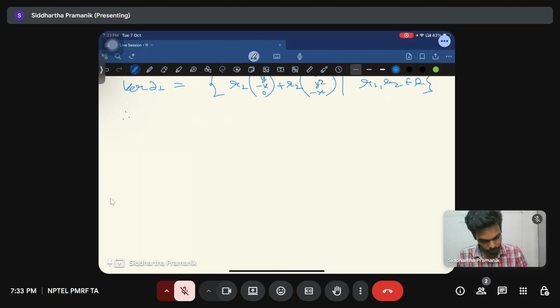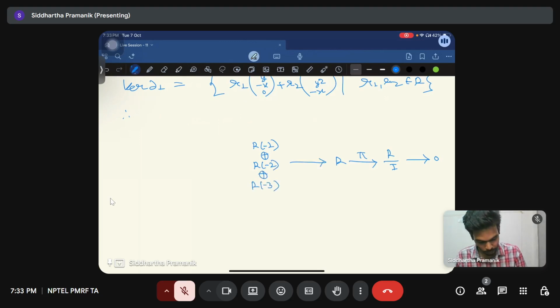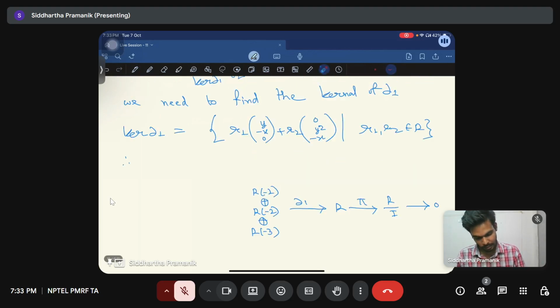So the resolution becomes R to R mod I as usual the pi, then R minus 2, R minus again 2, R minus 3, this is the delta 1, and here it is two vectors and three entries, so it will be 3 cross 2. So we have R2 here and degrees are shifting by 1 here, so we have R minus 3 and R minus 4.